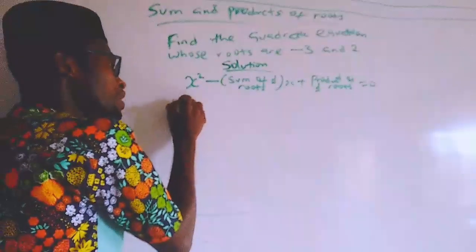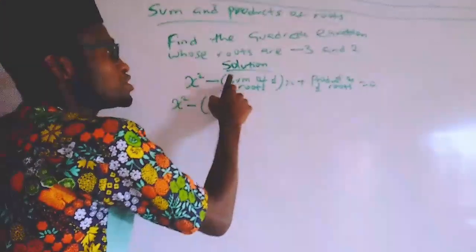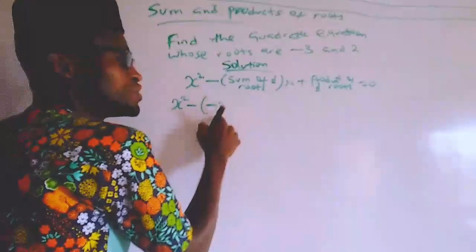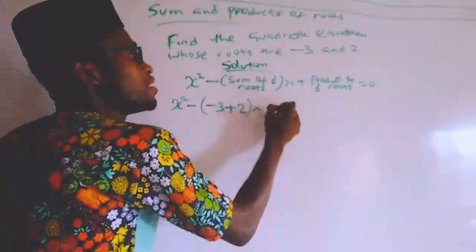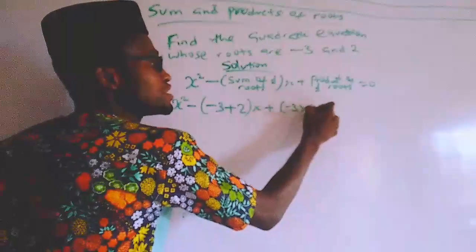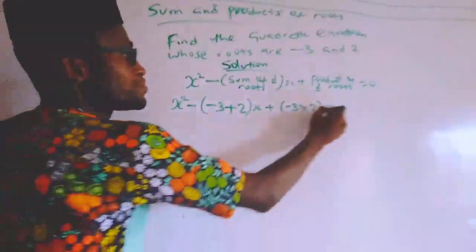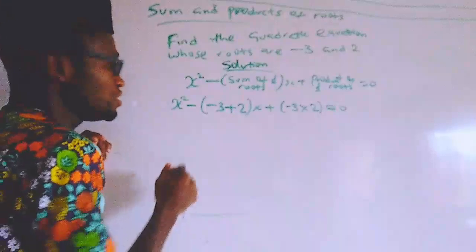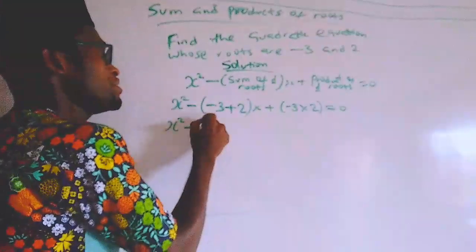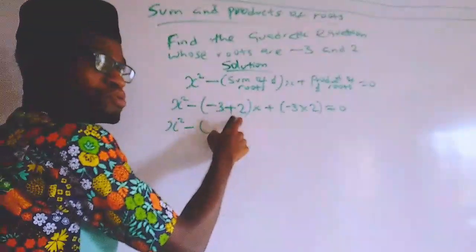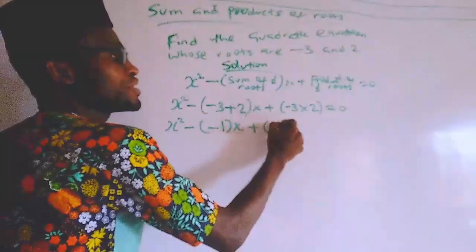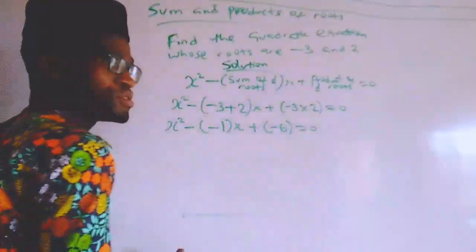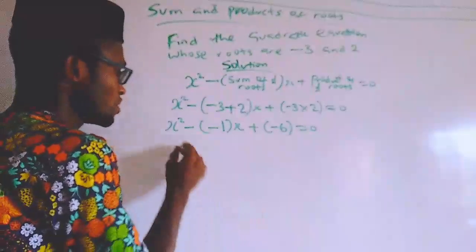So it will now become x squared minus the sum of the roots, that is -3, which is one of the roots, plus 2, x plus -3 times 2 equals 0. So we now have x squared minus (-3 plus 2), which will give us -1, x plus (-6) equals 0.